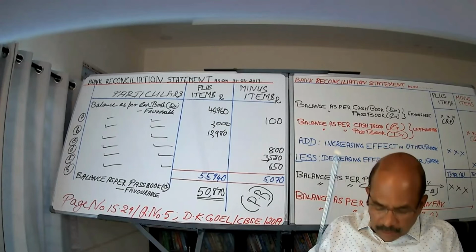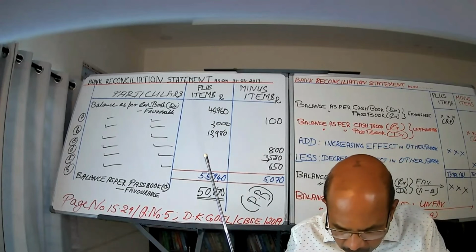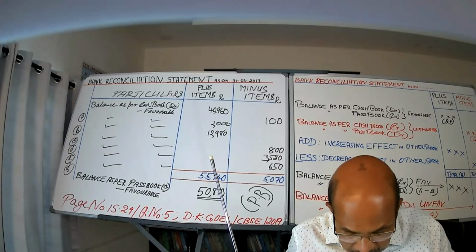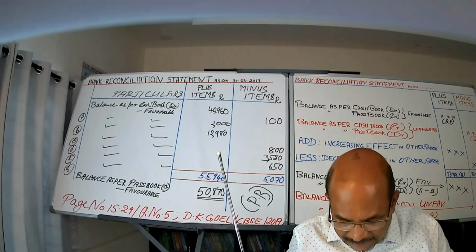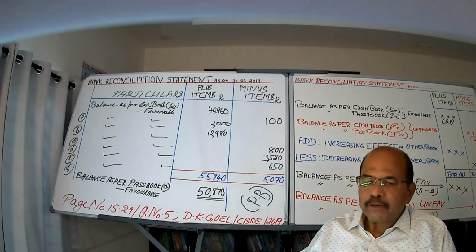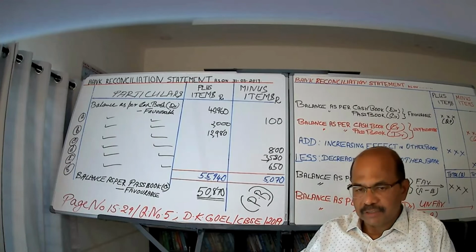Okay. Next one. No entry has been made in the cash book to record the dishonor on March 15, 2017 of a check of rupees 650 received from Banu. Bank reduced my balance because a check deposited is reversed. When a check is deposited, they increase my balance.